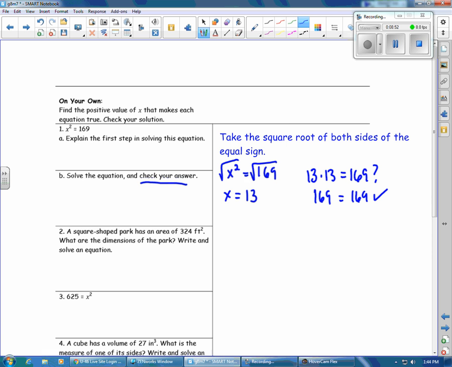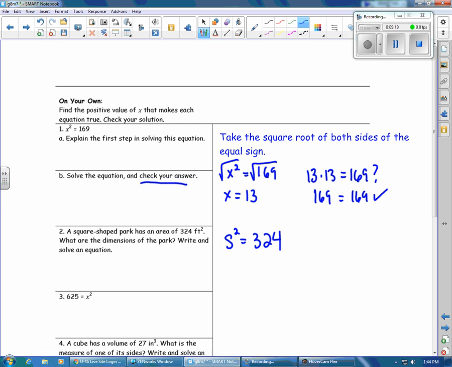A square-shaped park has an area of 324 feet squared. What are the dimensions of the park? Remember, when we're finding an area, we take the side times the side. A square, our two sides are going to be equal. So we could say side squared equals 324. We don't want side squared.